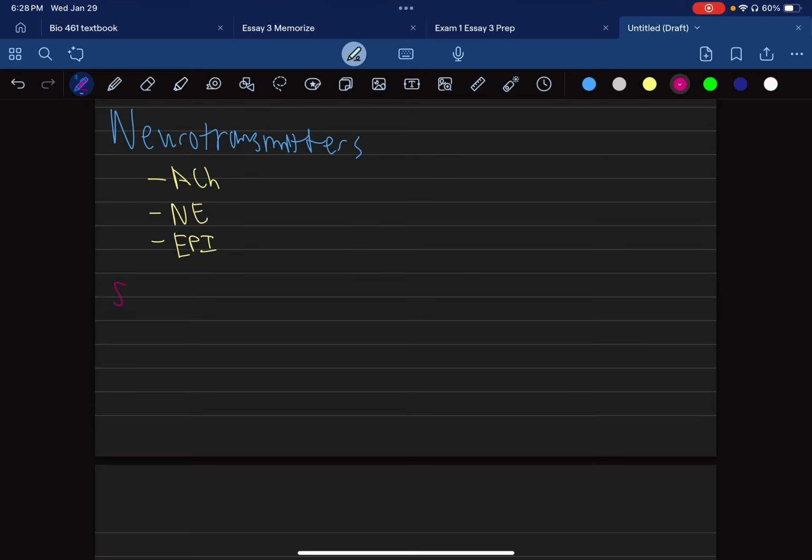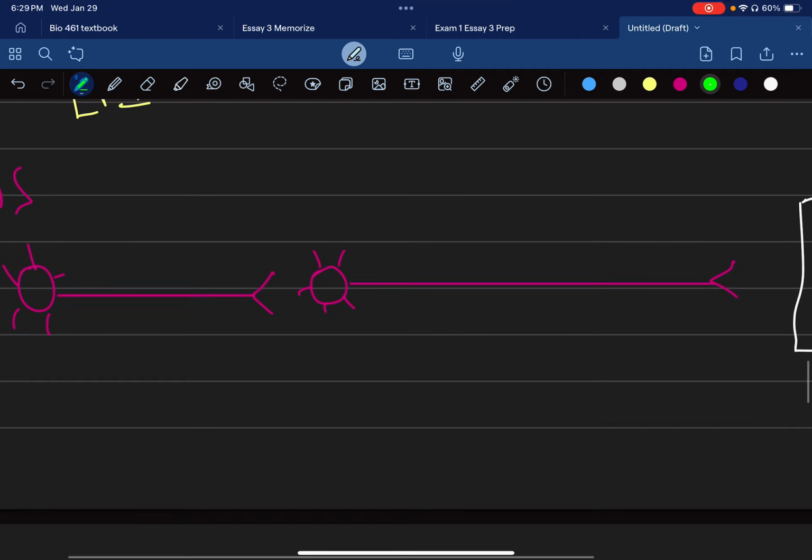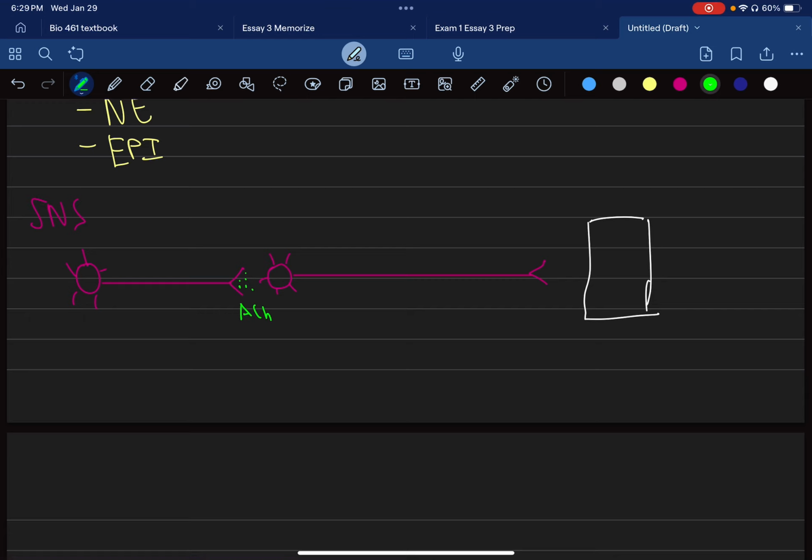So let me just draw out the SNS. Say we have a neuron right here, that's the body. It's going to synapse and then go to its effector organ, wherever it's going. What's going to happen here, like I said before, is acetylcholine is going to be released from the presynaptic neuron.